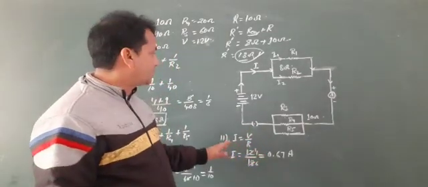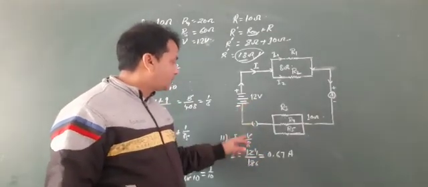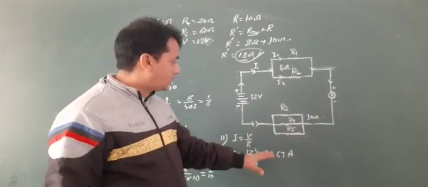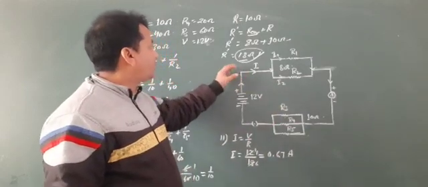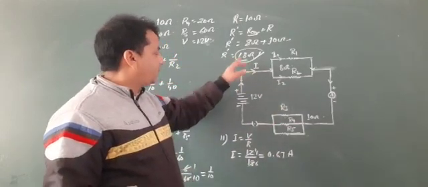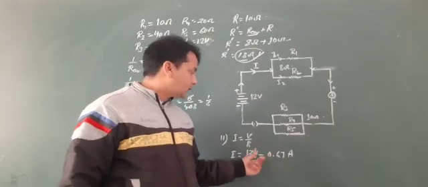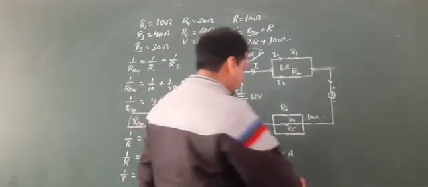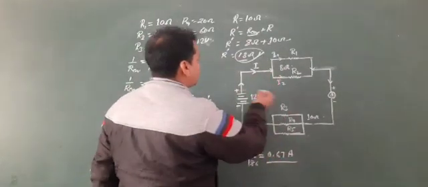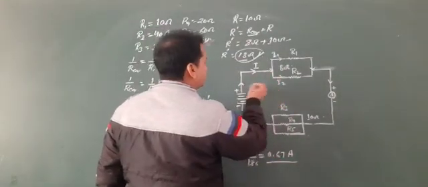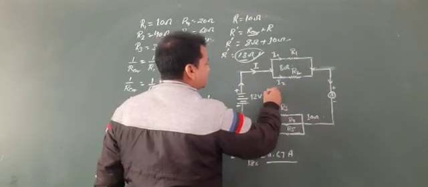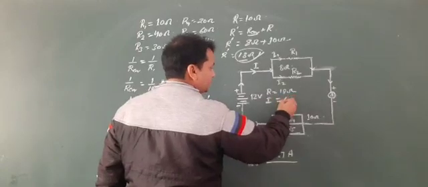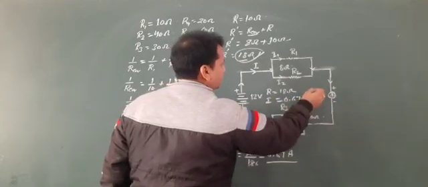The potential difference is given as 12 volt, so put V equal to 12 and total resistance 18 ohm. Then 12 by 18 equals 4 by 6, which is 0.67 ampere. So the total resistance is R equal to 18 ohm, and the electric current is 0.67 ampere.